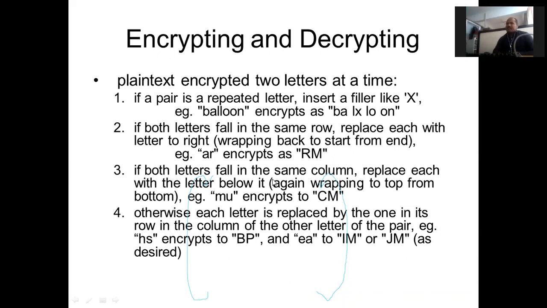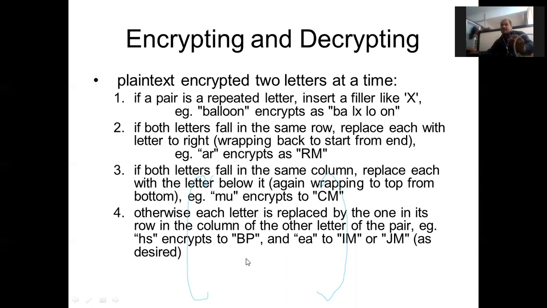For example, HS is encrypted to BP and EA to IM or JM as desired. Okay. So here you can see that if the letters occur in different rows and different columns, then how are you going to have the encryption? So that is the fourth rule here.